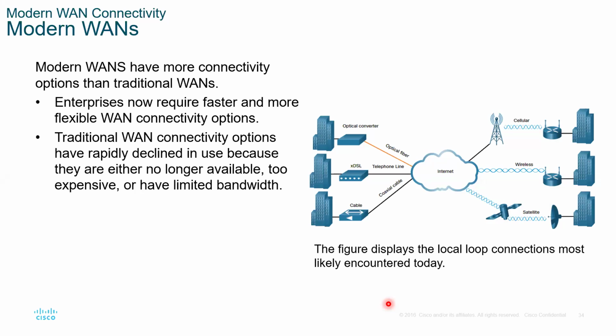The modern ones have more connectivity options. Enterprises now require faster and more flexible WAN connectivity options. Traditional WAN connectivity options have rapidly declined in use because they are either no longer available, too expensive, or have limited bandwidth. PSTN, when originally designed, was only for voice. I think voice is 3 kilohertz.